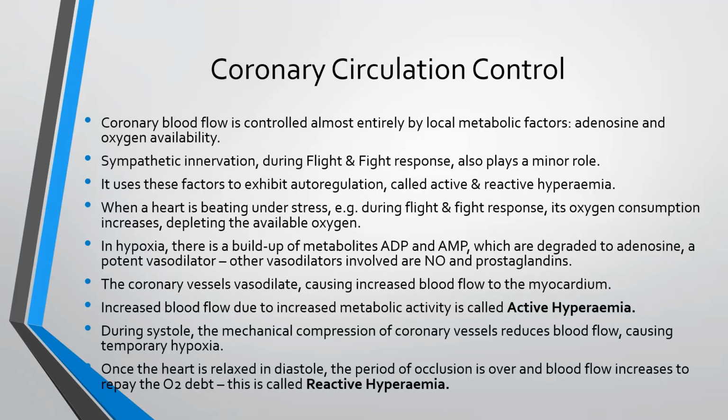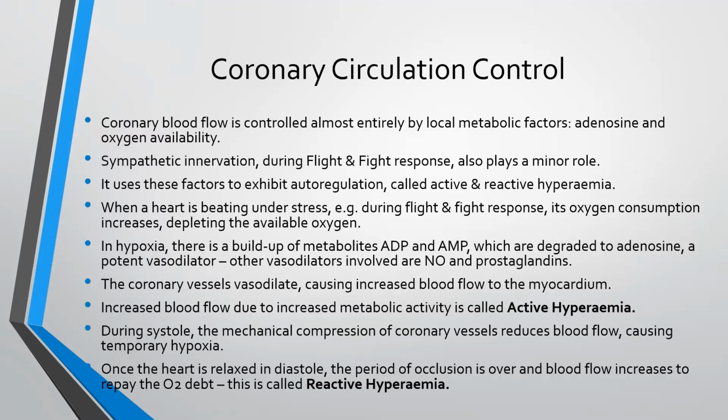Alongside adenosine, there are other metabolites such as nitric oxide and prostaglandins, which also cause vasodilation of the coronary arteries. So when the coronary vessels vasodilate, there is an increase in the blood flow to the myocardium.